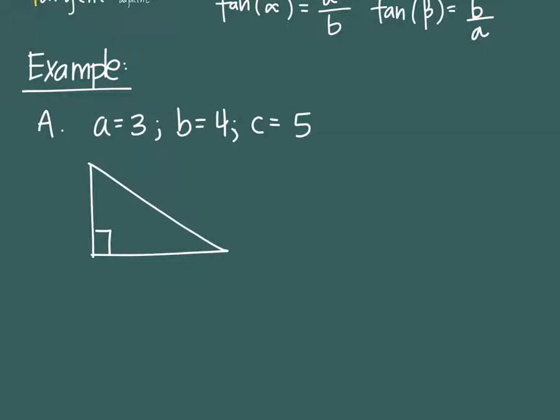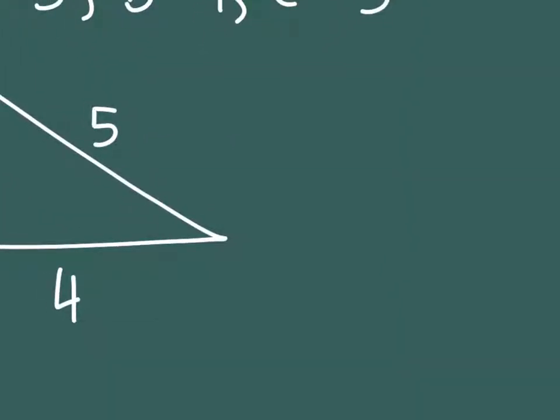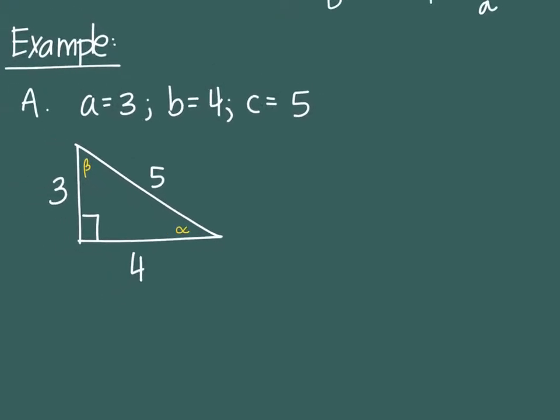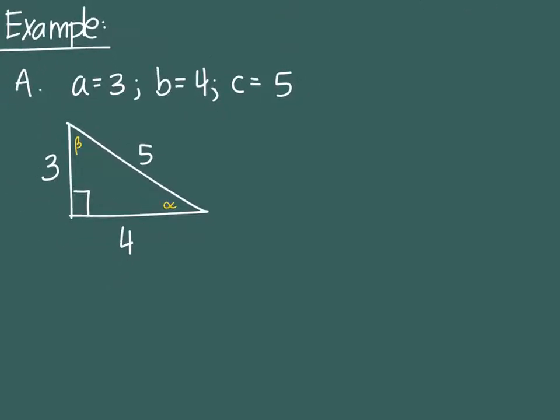If a is 3, I'm going to put 3 here. b is 4, 4 goes on the bottom, c is 5. And then I'm going to put my Greek letters, alpha down here, and beta up in the corner. Your job would be to find sine, cosine, tangent for those values.